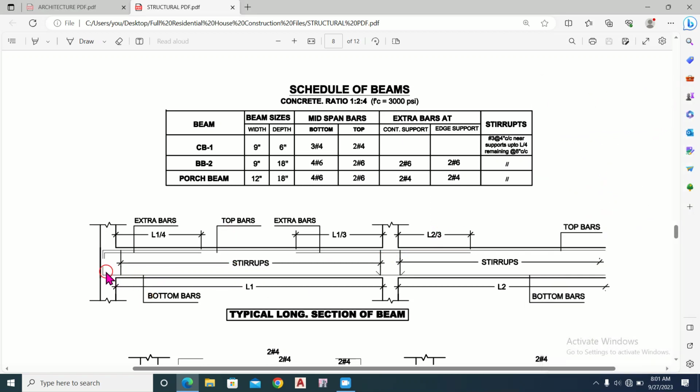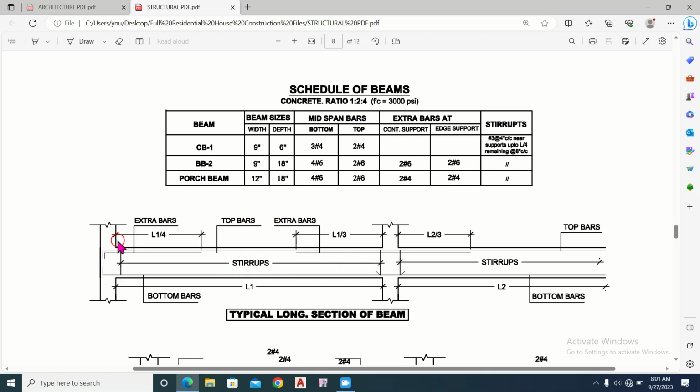Here this is the main reinforcement at the bottom, and from here to here is the length of this portion of the beam.